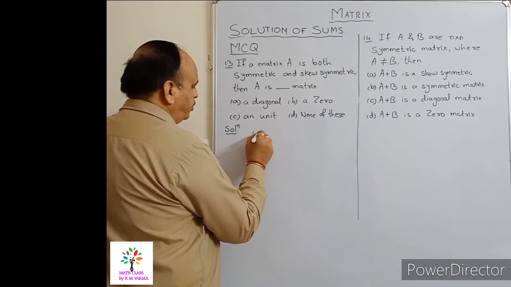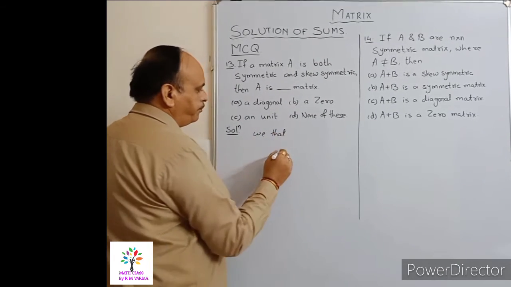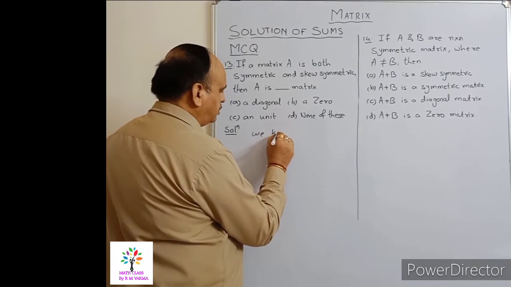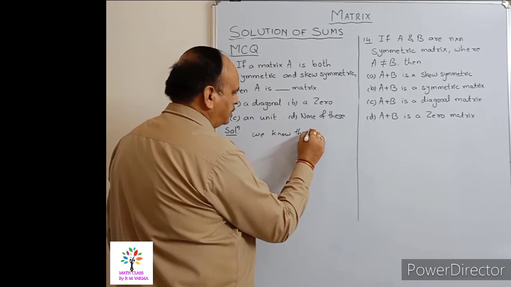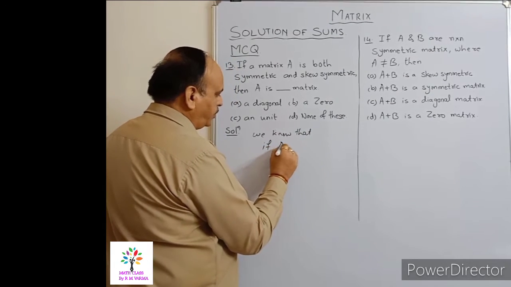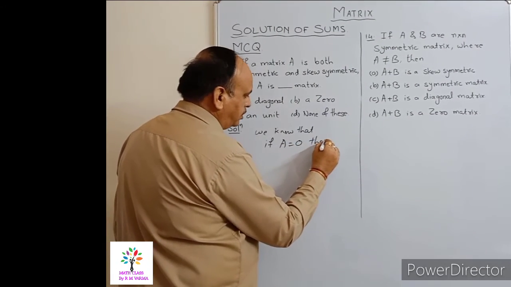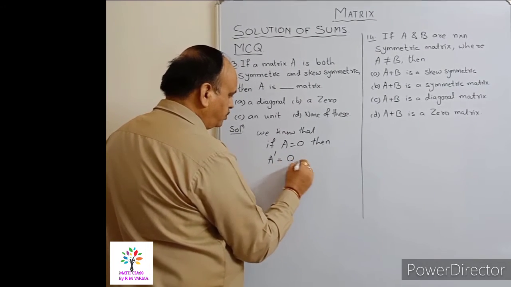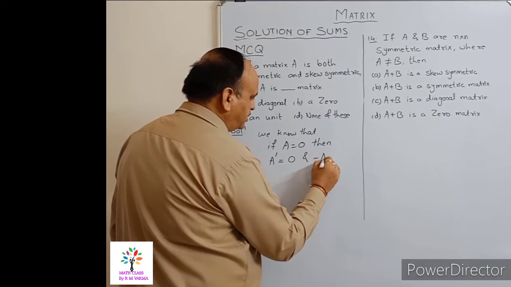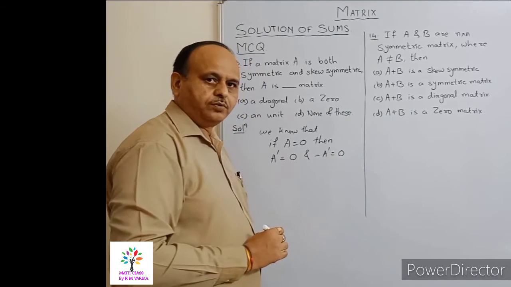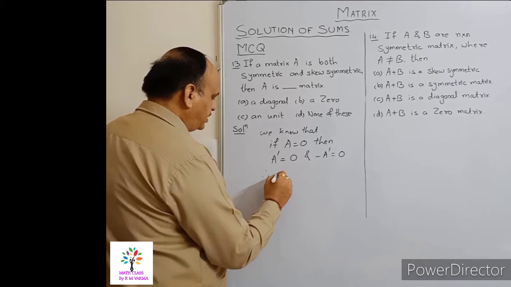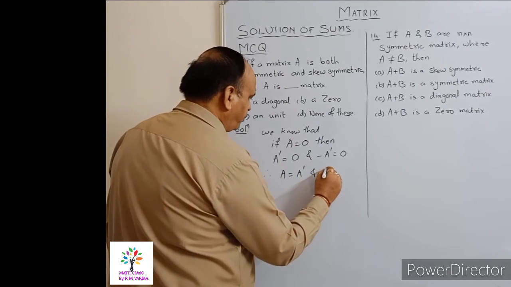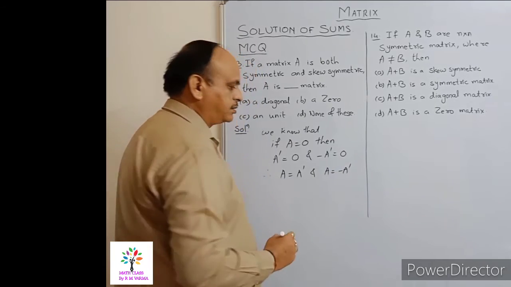Now, we know that if A equal to 0, then A transpose equals to 0 and minus A transpose will also be equal to 0. Therefore, we can say A equals to A transpose and A equals to minus A transpose.